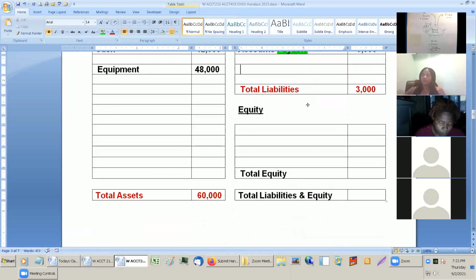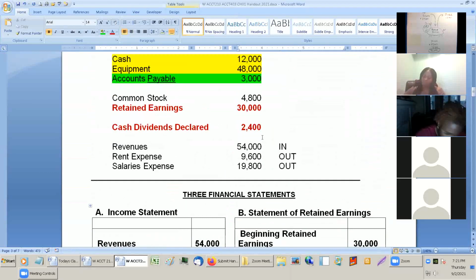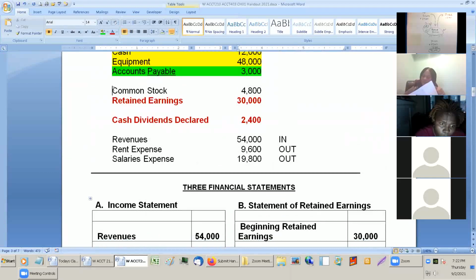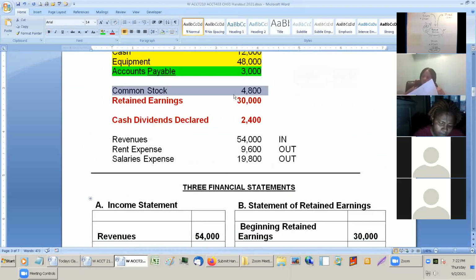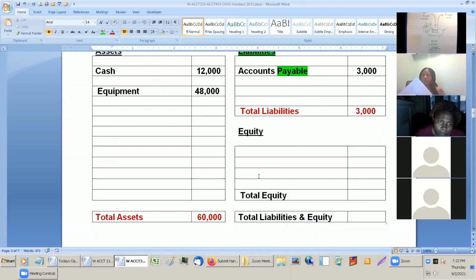Now for the equity, common stock. One column here, so common stock of 4,800. So this is stock that we sold to someone in the past. It could have been sold last year, it could have been sold 100 years ago.